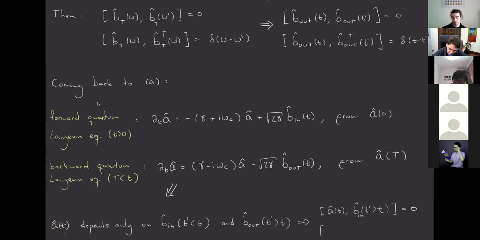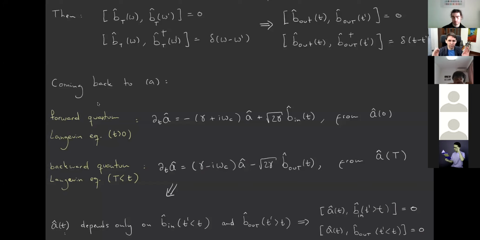And then the same happens if you take A of t commutator with B_out when t prime is in the past.